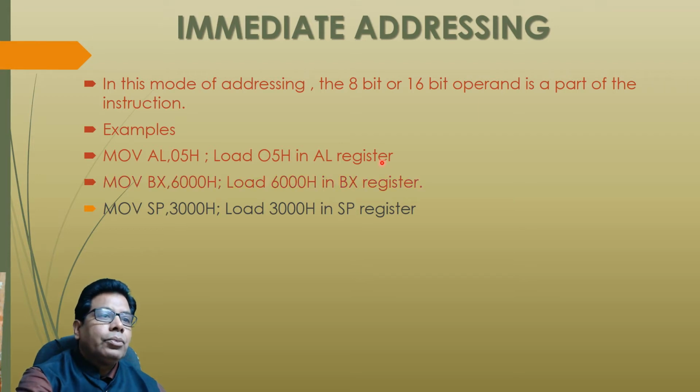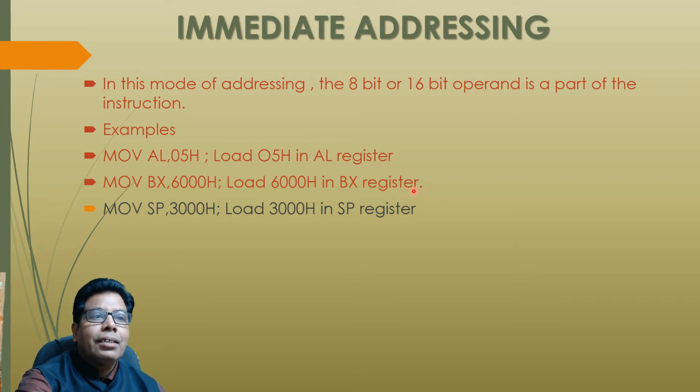Then next, if you see the next instruction, MOV BX, 6000H. Now here the BX register is a 16-bit register, and hence the operand is also 16-bit. So we have given here 6000H.